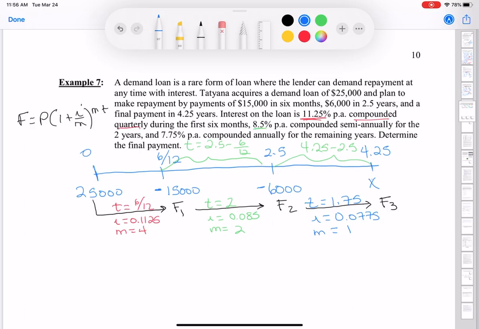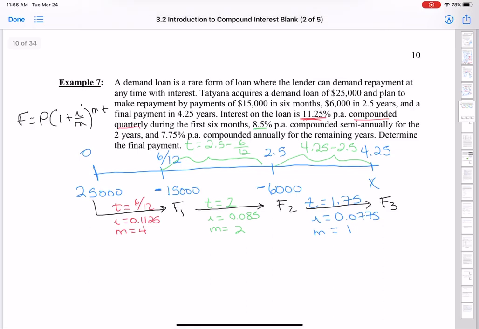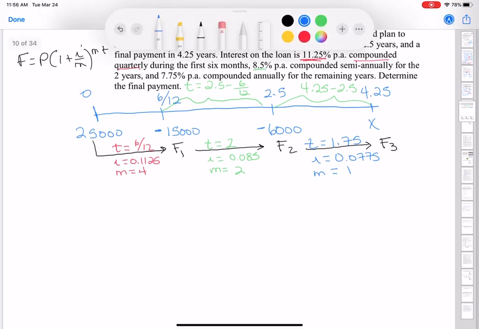We can start off with future value 1. So future value 1 is just the $25,000 loan amount that has an interest rate of 11.25% compounded quarterly for 6 months. And we know that once we find that future value one, we need to stop and take off that $15,000 payment.